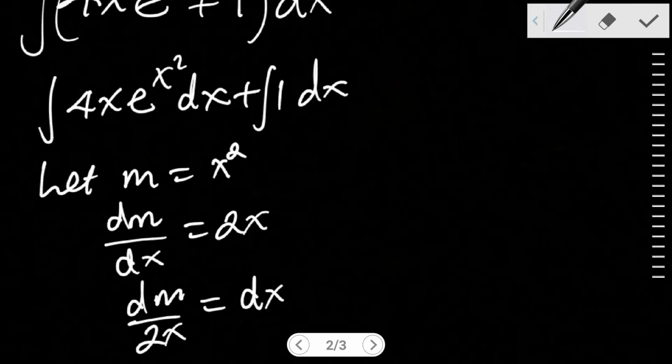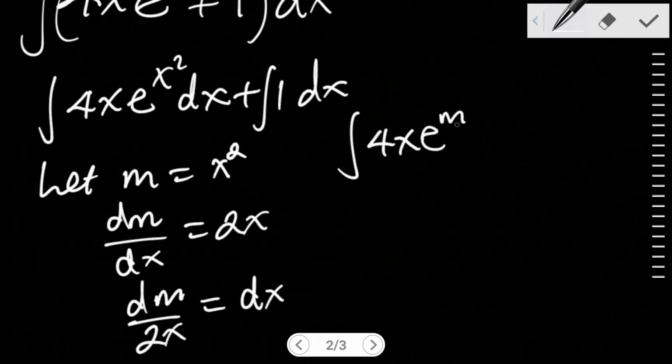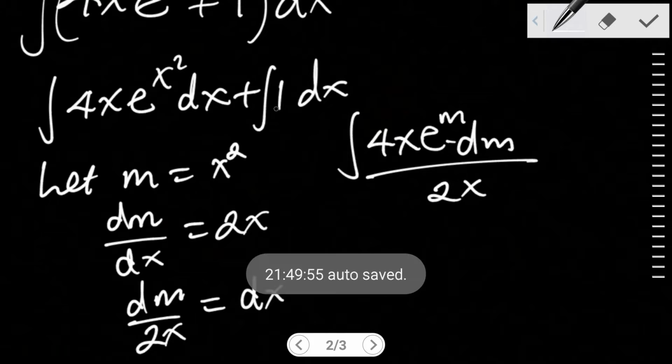And so to work out this, I'm going to have the integral of 4x e^m, and then for dx we're going to have dm all over 2x, and then we are having our plus 1 dx.